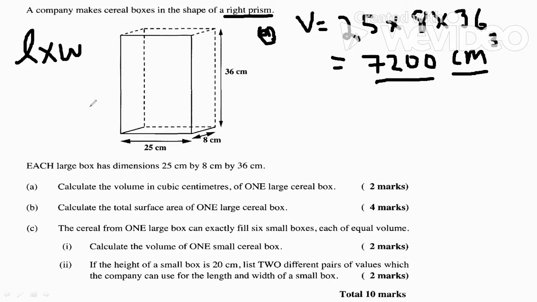All right. So let's look at the right side. The 36 would have been the what? The length, and the 8 would have been the what? The width.